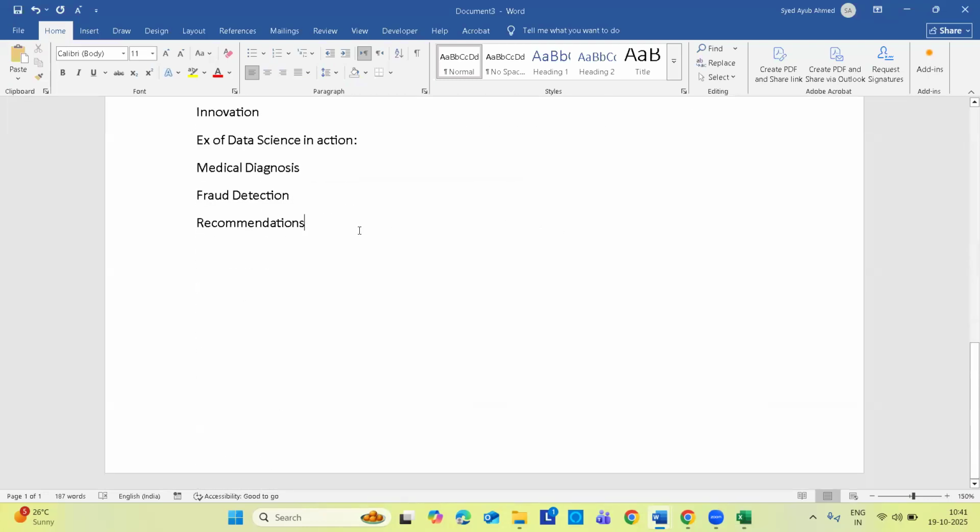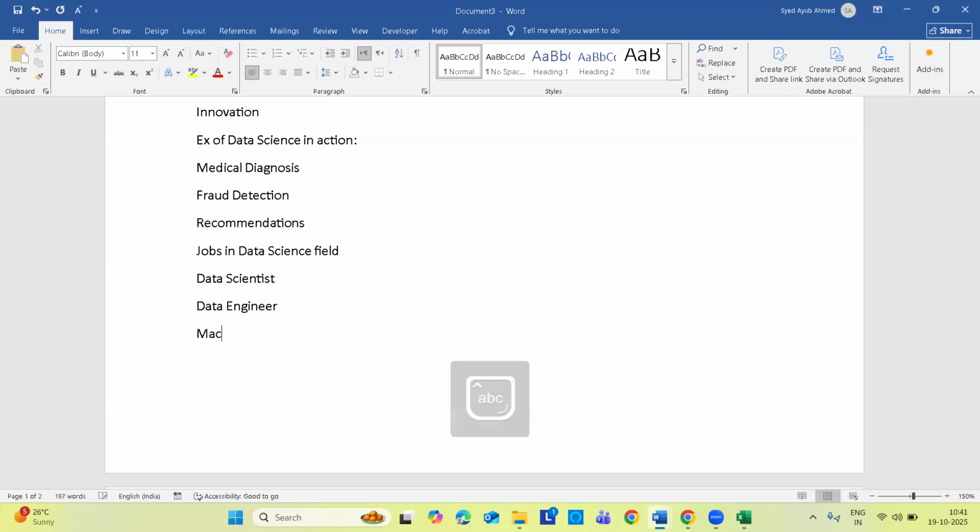So what jobs you can look at in data science? In the data science field, you can become a data scientist, a data engineer, machine learning engineer, AI engineer or artificial intelligence engineer.